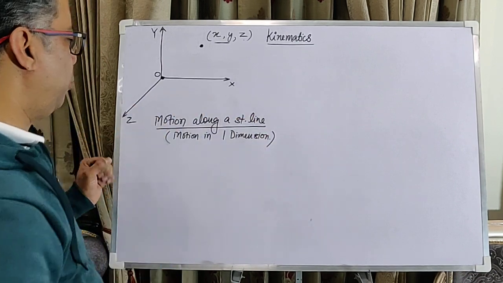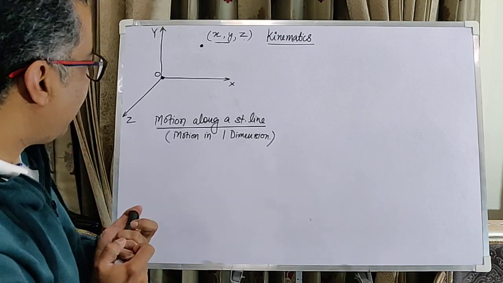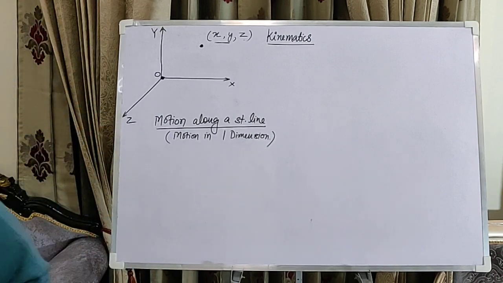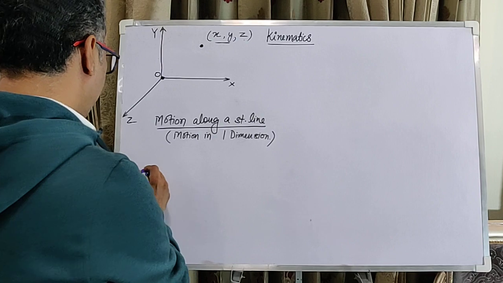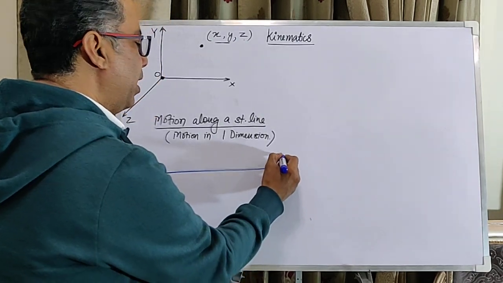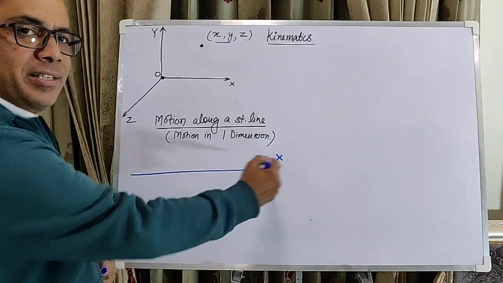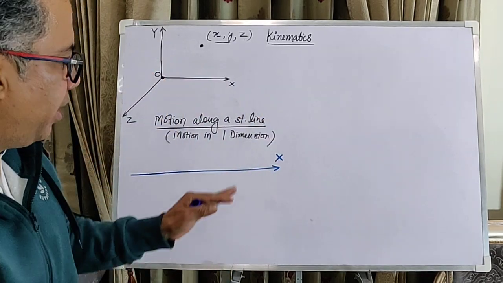Now when we study motion along a straight line, we are looking at an object which is moving purely along a straight line. When motion is purely along a straight line, that straight line is described as the x-axis.